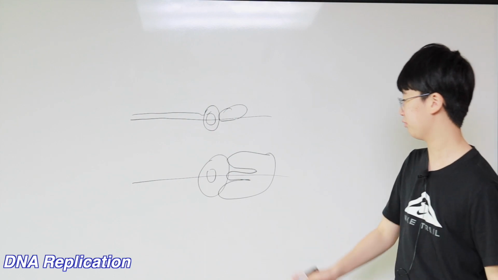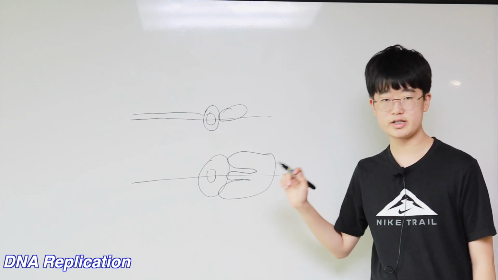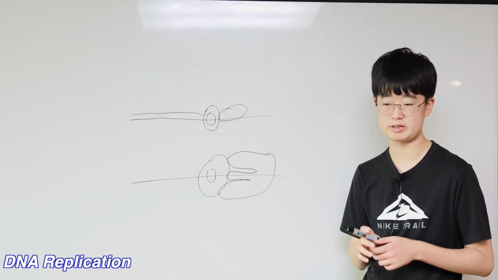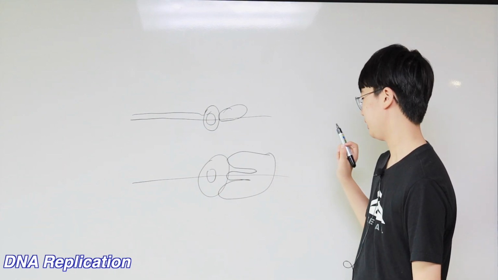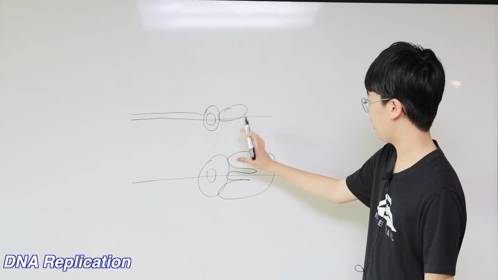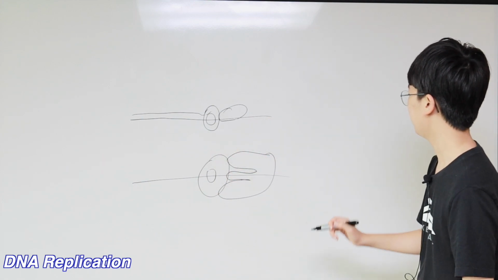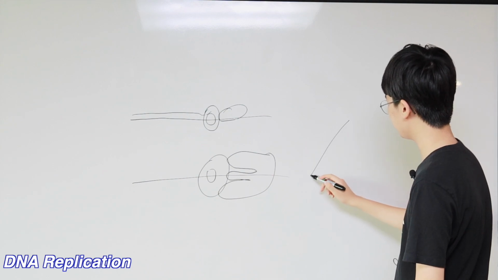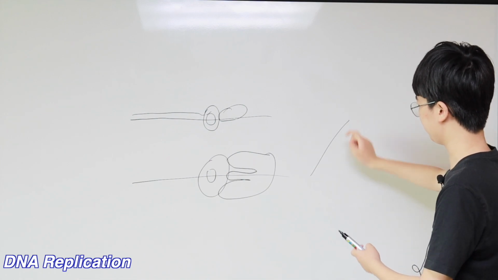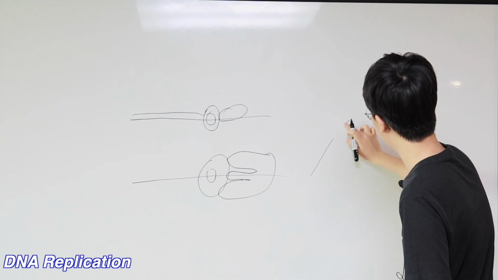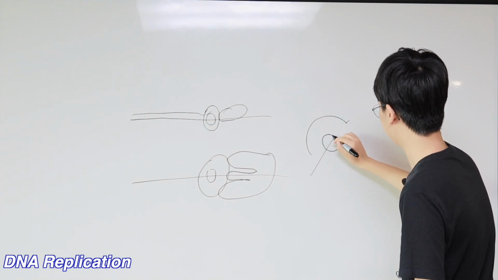So the clamp loading protein, RFC in mammal cells, binds the sliding clamp protein onto the DNA, like this. If this is the single DNA strand, imagine it as a bit of a tube shape.